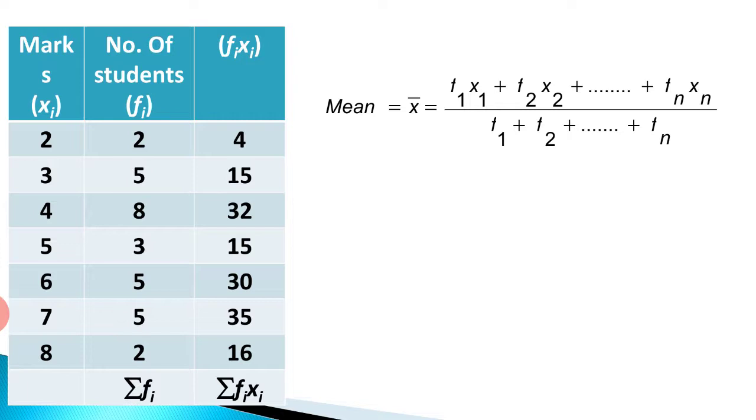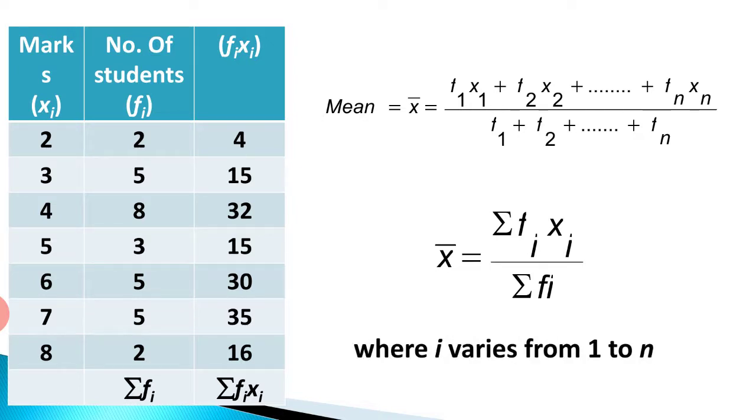Now what is this 1, 2? It is the first row, second row, and third row, indicated by suffix like f1 x1, f2 x2, and so on. But instead of writing such a lengthy formula, we can use the symbol sigma, which means summation. So summation fixi. Now what is i here? i is a number which is varying from 1 to n. So if there are 10 such rows, you will have i from 1 to 10.